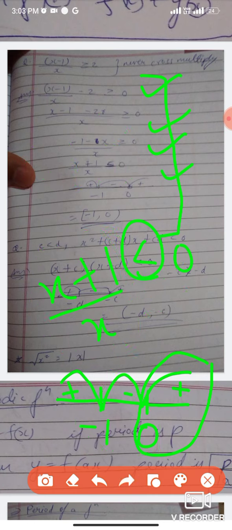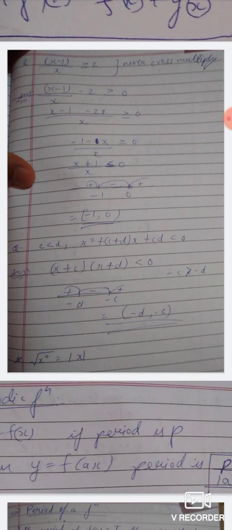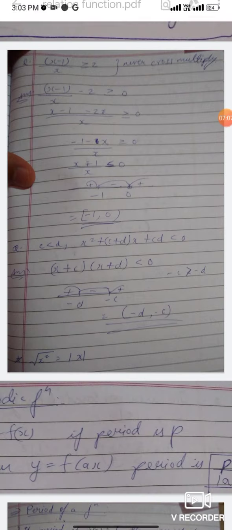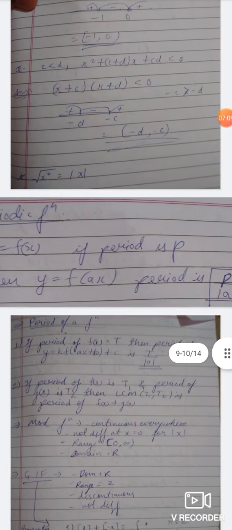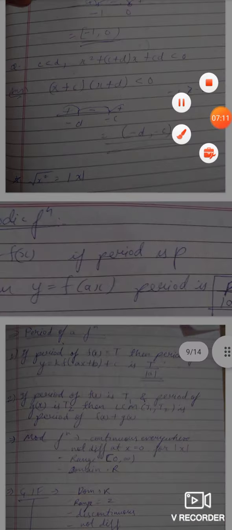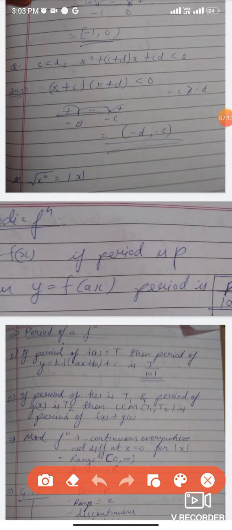Okay, so this is the inequality that you must understand. Now moving on to the next thing. The next question, there are several questions we will be doing today. Here c is less than d, and the equation given is x square plus (c plus d)x plus cd less than 0.